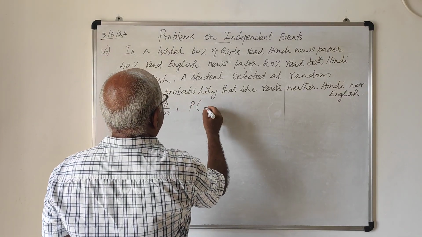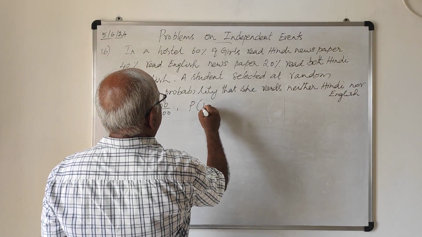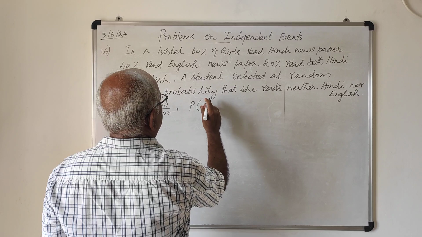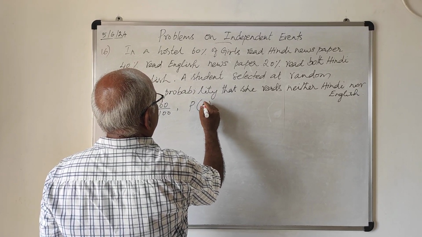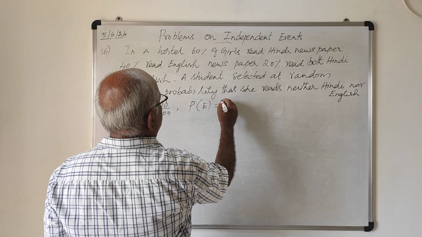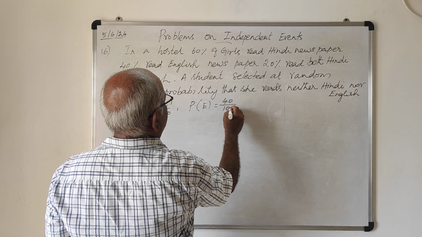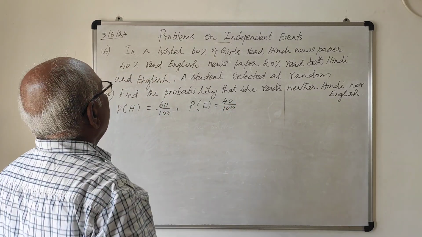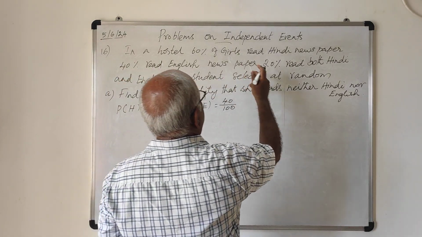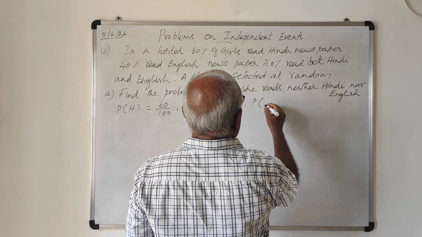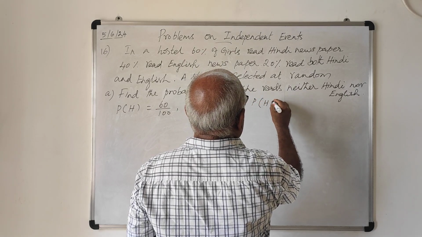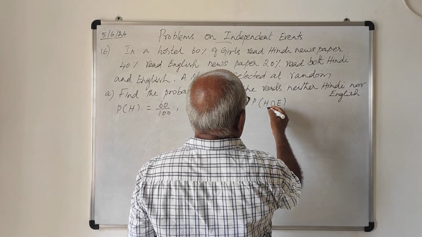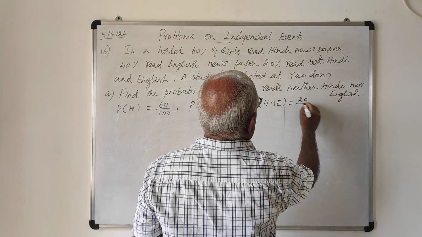The probability of English-reading girls, P of E, is equal to 40%, therefore 40 by 100. Both English and Hindi reading girls is 20%, that is P of H intersection E. Hindi and English reading girls is 20%.